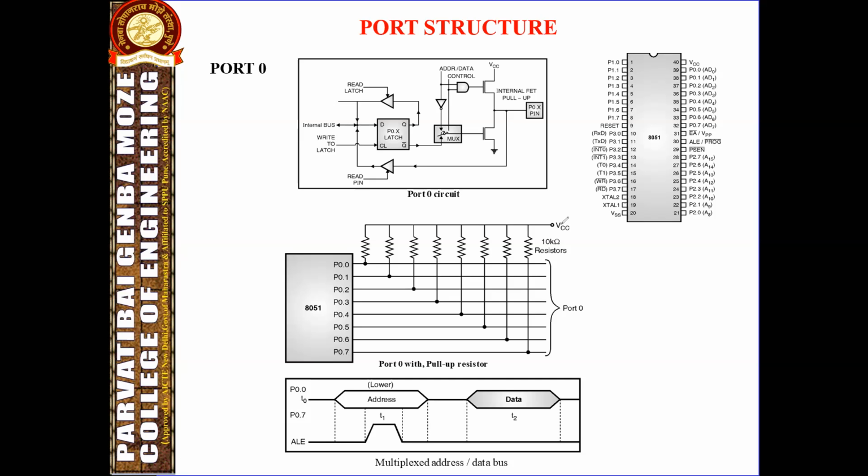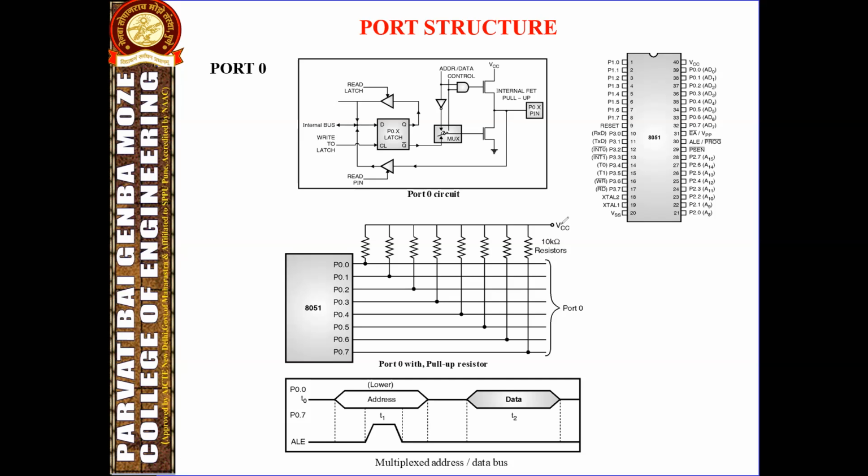When configured as an input port, the microcontroller provides two facilities. First, read the logic level on the physical pin by asserting the read pin signal. Second, read the contents of the internal latch by asserting the read latch signal. The latch is read when the instruction is a read-modify-write type of instruction.